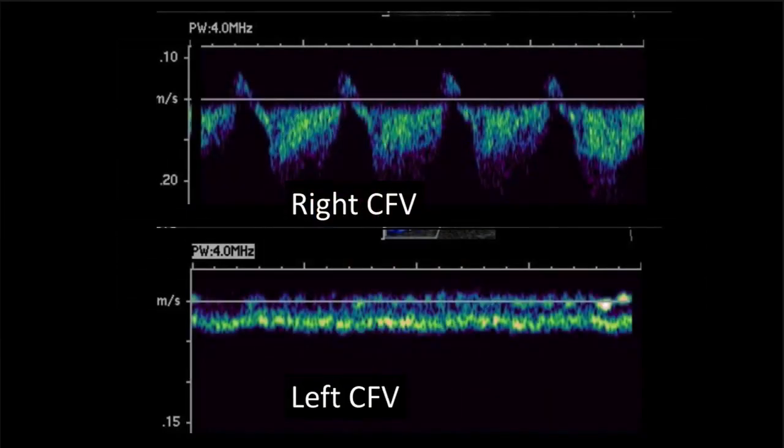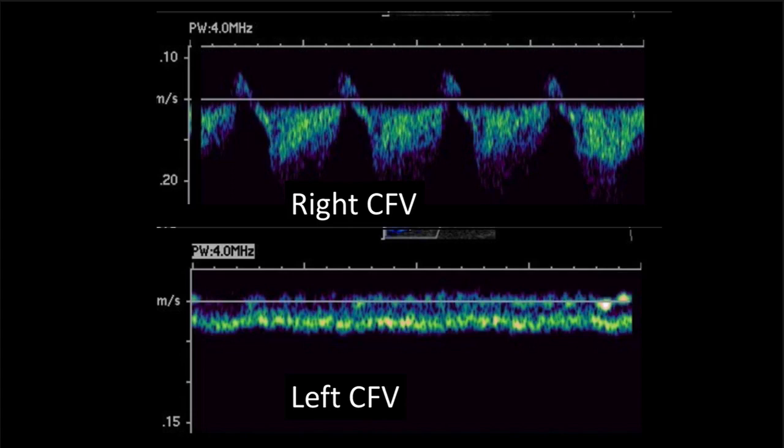Alright, so here I warned you there's going to be a case of this. So side by side, common femoral veins, right and left. So you notice the difference is that the right one has that normal respiratory phasicity, okay, and then the left one is monophasic. So asymmetry in the waveforms of the common femoral veins suggests that there's an obstruction proximal, in other words, closer to the heart.